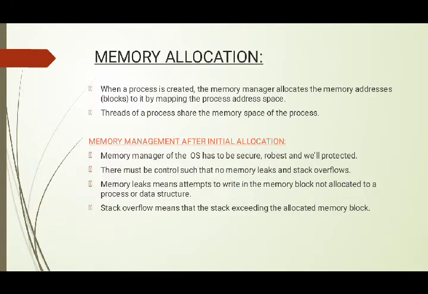So let's have a look at memory allocation. For understanding memory management, we want to know about memory allocation first. When a process is created, the memory manager allocates the memory address or blocks to it by mapping the process address space.